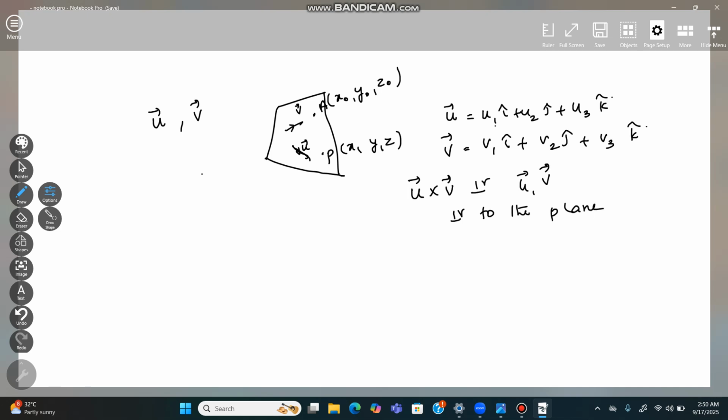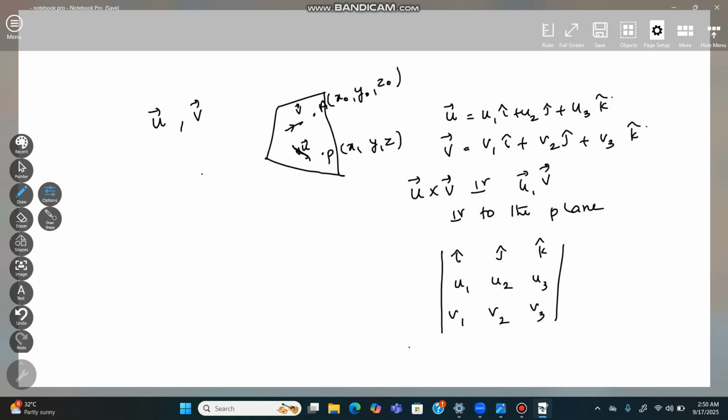So given the two vectors u1i plus u2j plus u3k, v1i plus v2j plus v3k, to get the cross product of that, of course we know that we have to put it in a determinant as i j k, determinant u1, u2, u3 and v1, v2, v3.